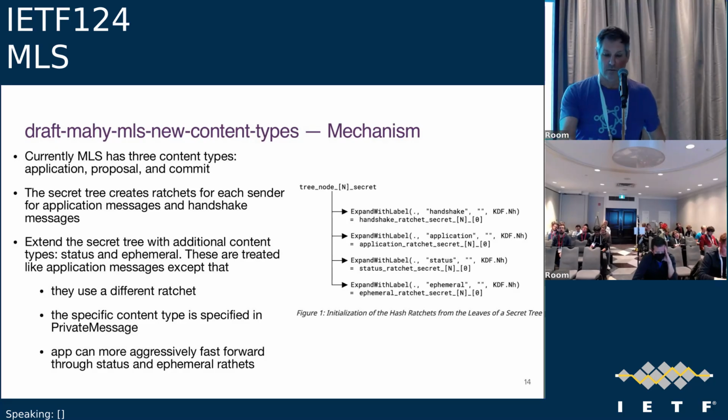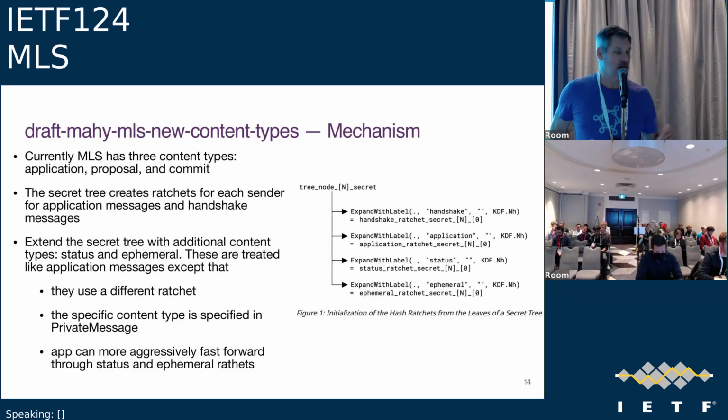So we can mitigate this by having two new ratchets. We can have a status ratchet and an ephemeral ratchet. And the advantage here is that we can fast forward aggressively through generations.